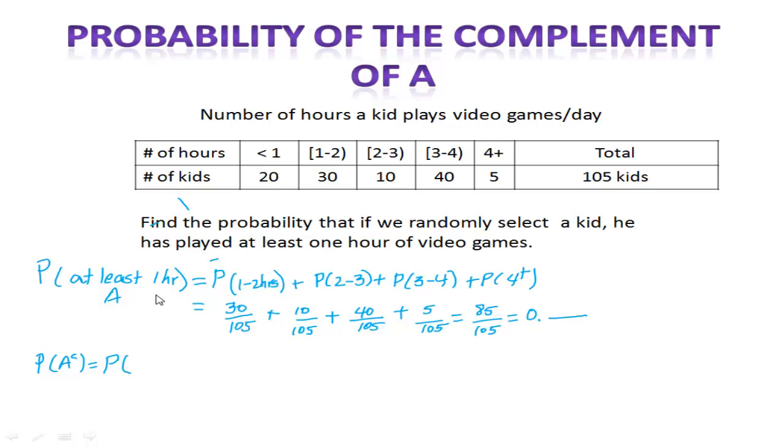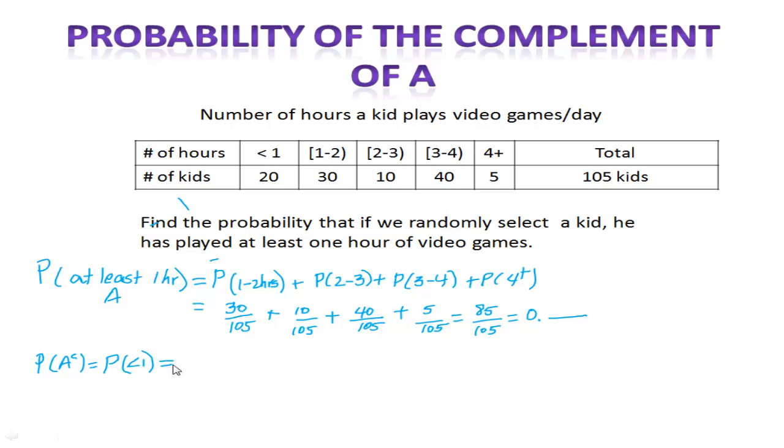If I'm trying to find out if he played at least 1 hour, which means an hour or more, which is what we did here. Now the complement of that would be: what's the probability that I select a kid who plays less than an hour? That's the complement of event A, less than 1 hour.